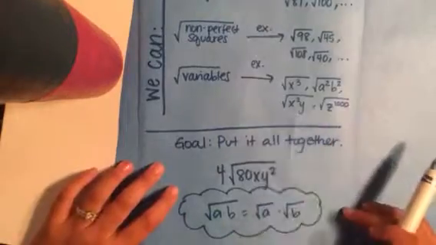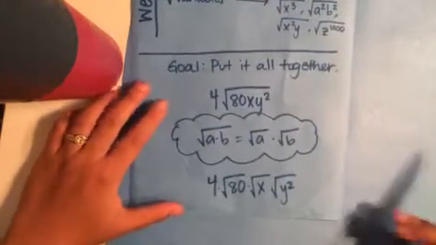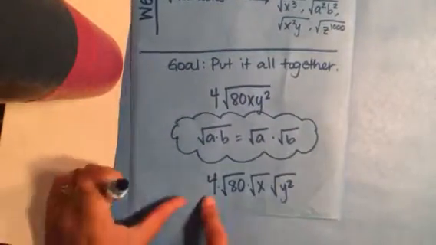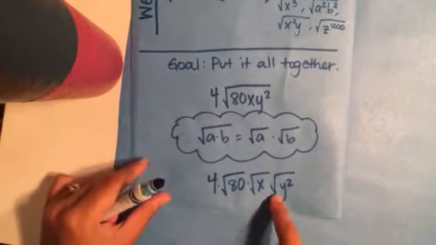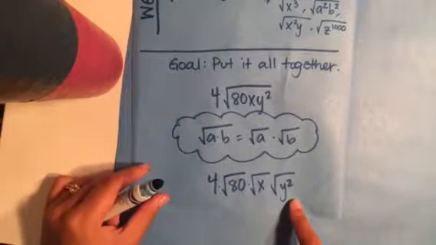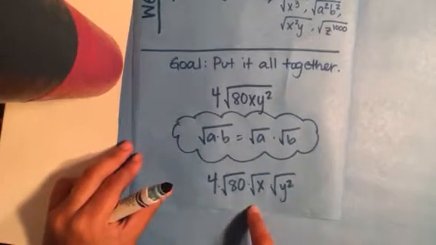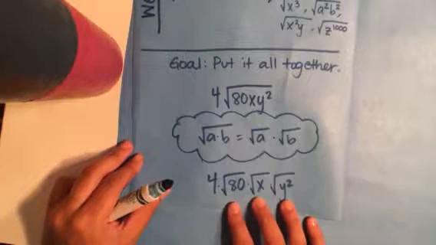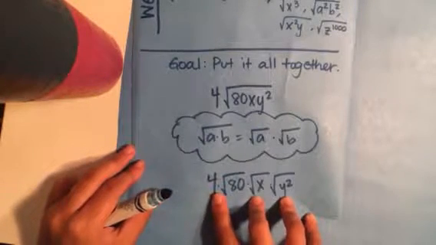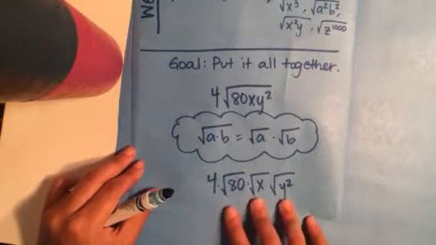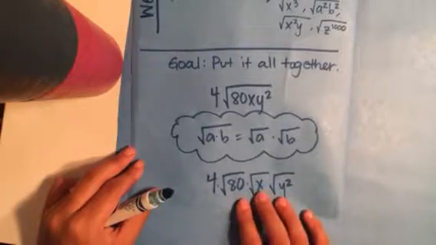So we can take this expression and split it up to be 4 as a coefficient, root 80, root x, and root y squared. Now, at this point, we want to ask ourselves, can we simplify any of these square roots? We're going to leave this coefficient by itself for now. We'll multiply it back in later.